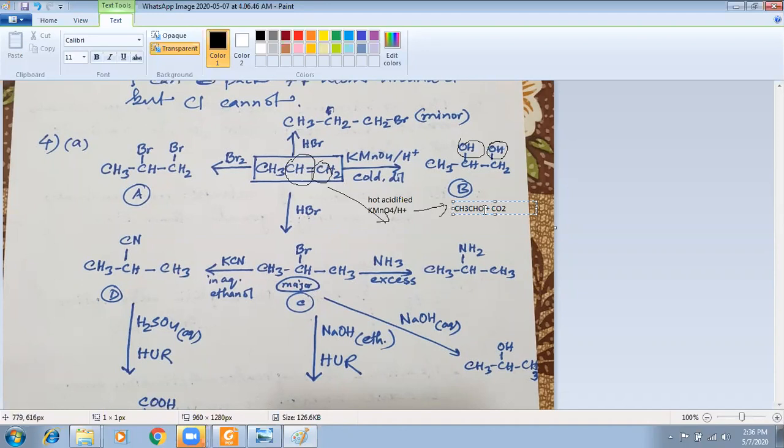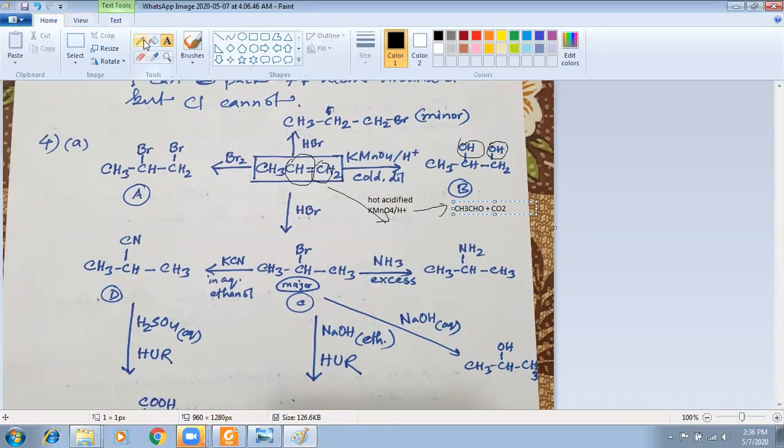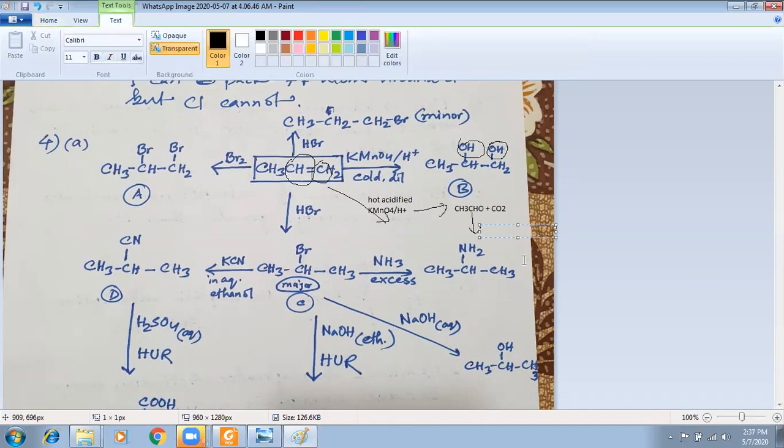And you know that if we carry out this oxidation further, what will happen at that time? We can get CH3COOH, right?